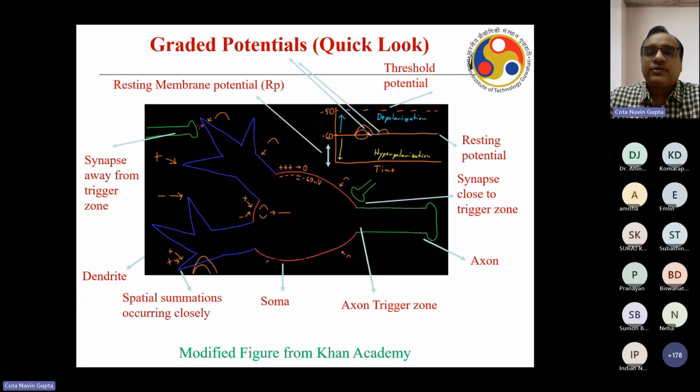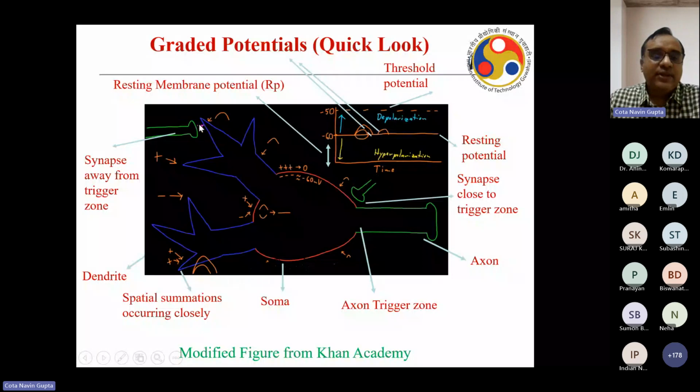So what are graded potentials? We saw that the resting potential is around minus 65 millivolts. Let's consider a hypothetical neuron, one single neuron. This is your dendrites, this is your soma, and the green part is your axon. You're going to have synapses. I think most of you would have heard about synapses.